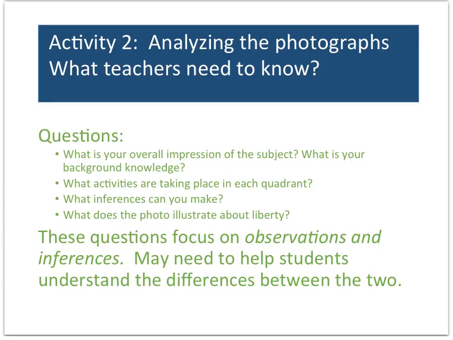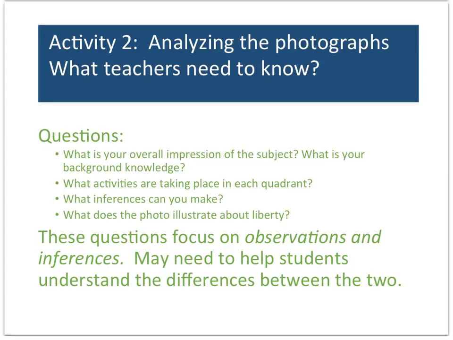So, what you need to know is the questions focus on observations, that is, what is seen, and inferences, that is, what sense can be made. And students often get the two confused when they look at a photograph. They'll be making inferences and think that they're actually making observations, or vice versa.